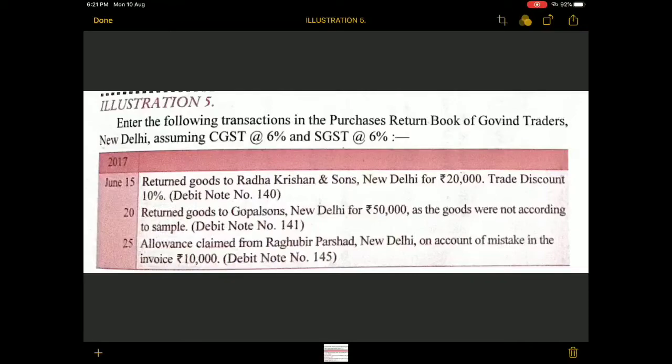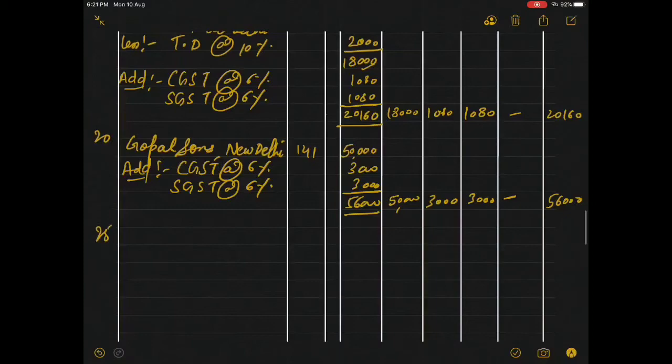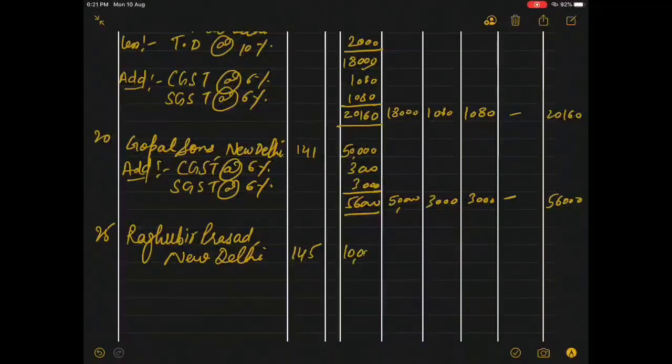The next transaction is June 25. Allowance claimed from Raghubir Prasad, New Delhi, on account of a mistake in the invoice. There is a mistake in the invoice. The amount is 10,000. Debit note number is 145. June 25, Raghubir Prasad, New Delhi. Right, 145 is the debit note number. Amount is 10,000.